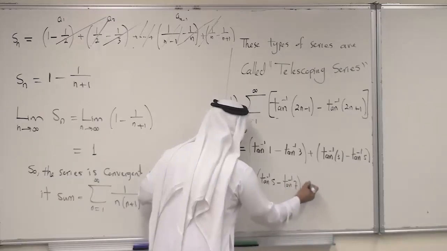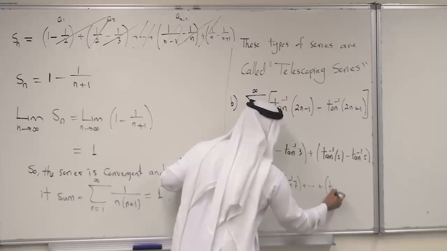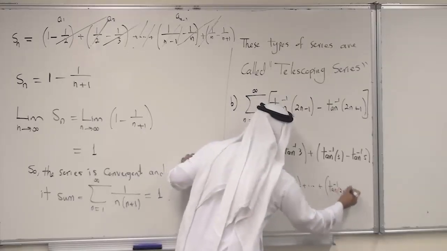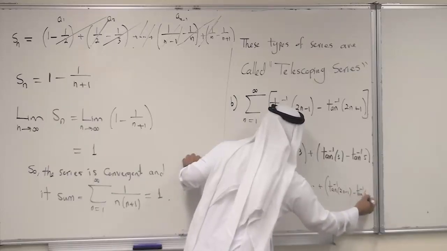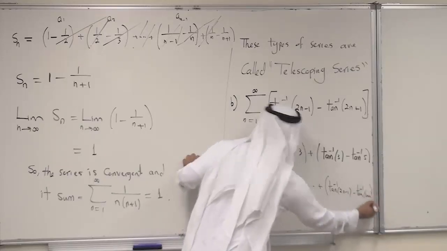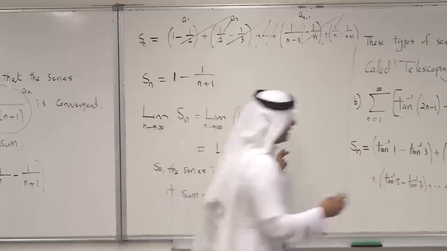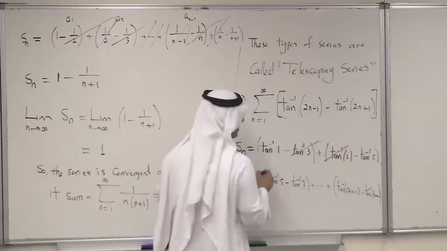Fine. Let's move to the last one. The last one is the nth term, tangent inverse of 2n minus 1 minus tangent inverse of 2n plus 1. Again, if you look carefully, it can be simplified. Tangent inverse of 3 minus tangent inverse of 3 will cancel out.